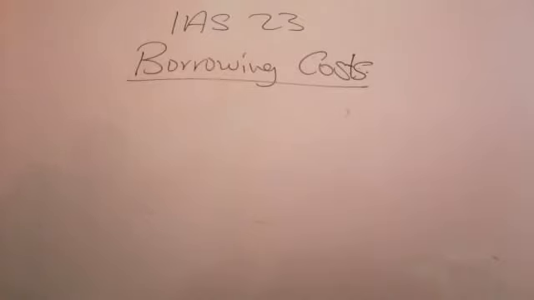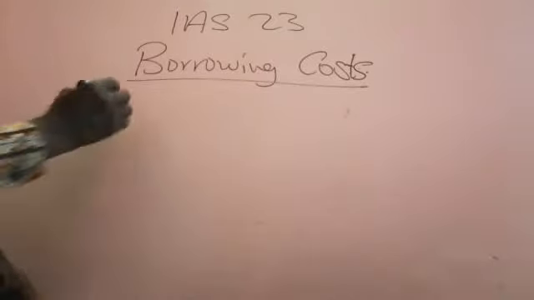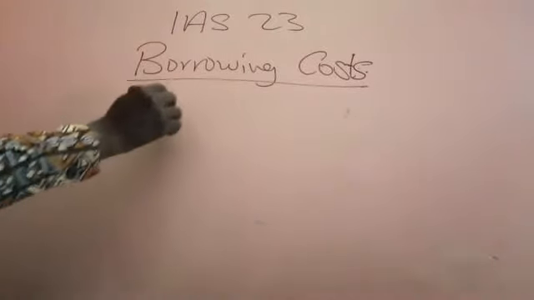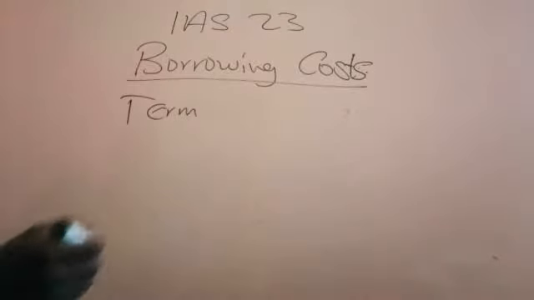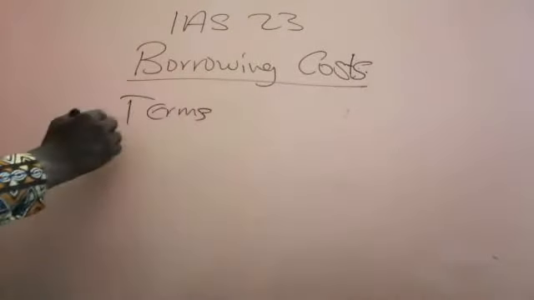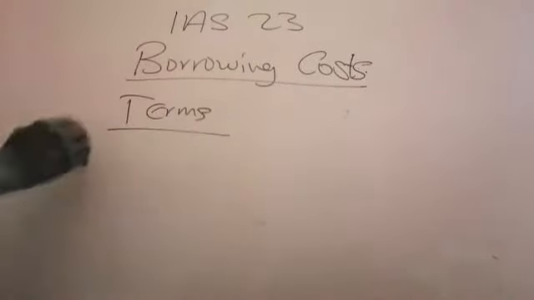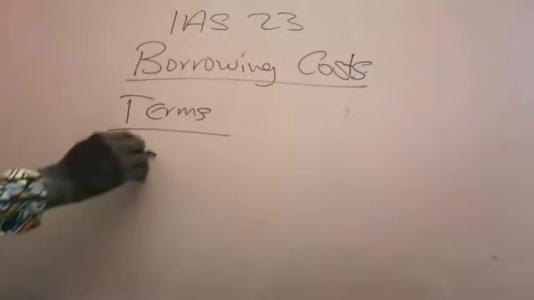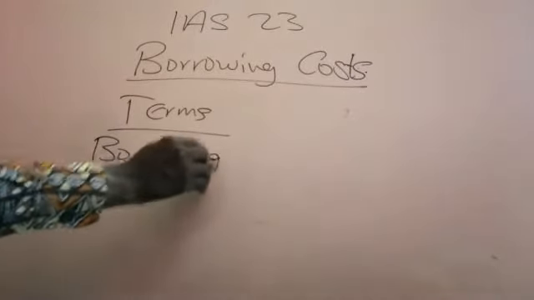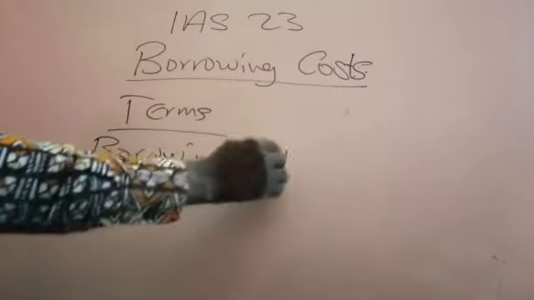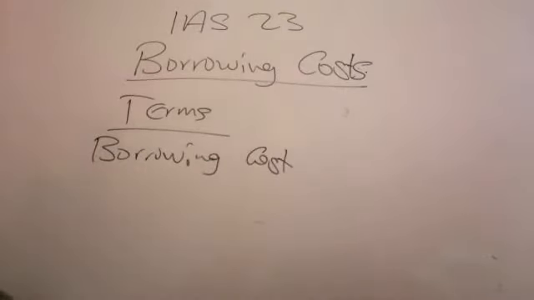Now let's look at some definitions in the standard. Basically there are not many terms. The terms that we are going to meet are two. We are going to look at borrowing cost itself as the first term.